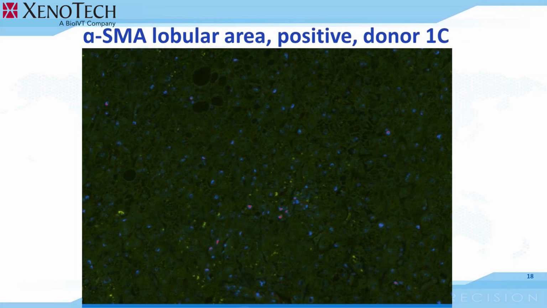cells which contain a red dot, usually located or visualized in this case close to the nuclei. Stellate cells are relatively small in comparison to hepatocytes. Therefore, the location of smooth muscle actin appears to be overlapping with the nucleus.